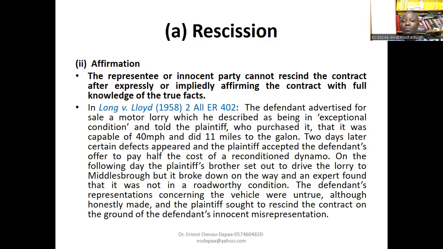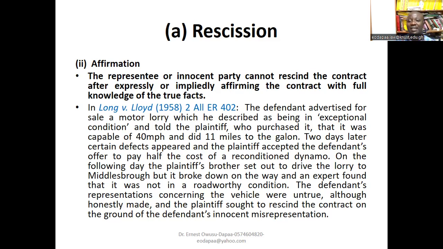Another bar to availability of rescission for misrepresentation is affirmation. Affirmation will mean that where you are the representee or the innocent party, and you directly or indirectly, expressly or impliedly, affirm the contract with full knowledge of the true facts. In other words, having become aware that you are a victim of misrepresentation, you continue to carry out your affairs, you continue to behave in relation to the contract as if you've not become aware of anything which entitles you to avoid the contract.